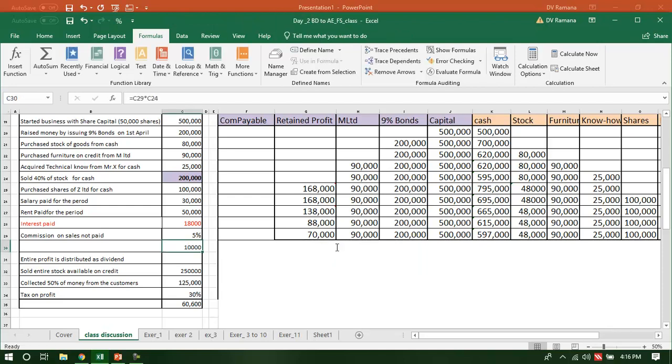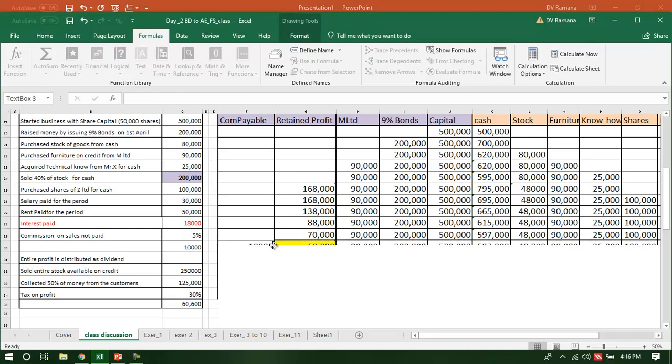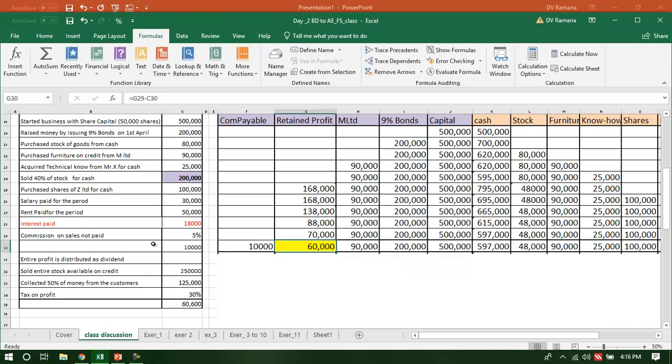So therefore, commission is an expense. Since it's an expense, profit will come down to the extent of 10,000. However, there will be no reduction in cash because we have not paid any cash. But it will be payable in the future.